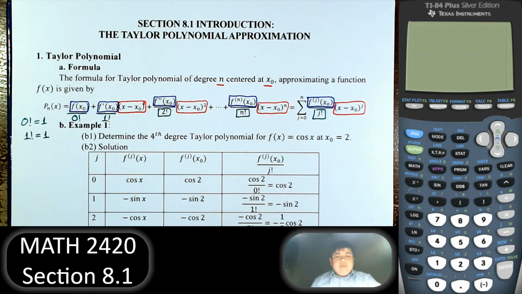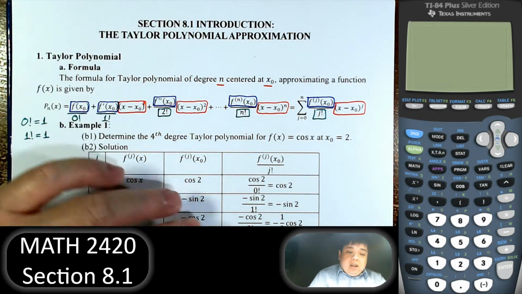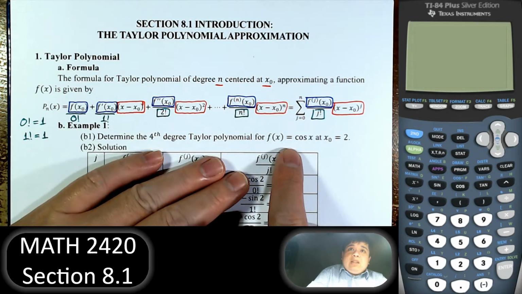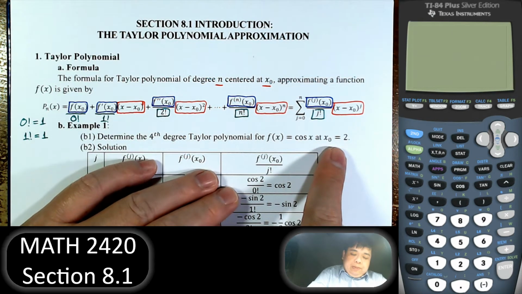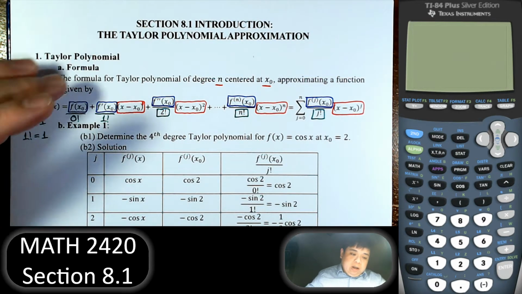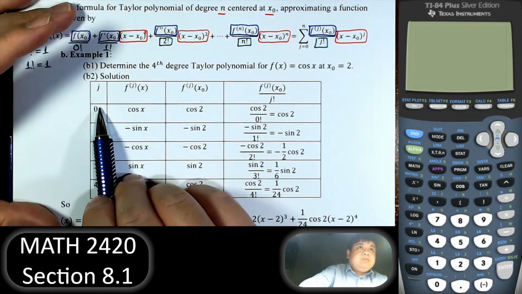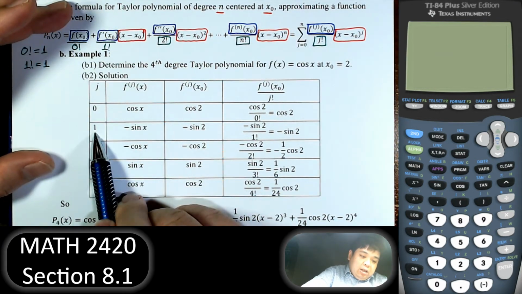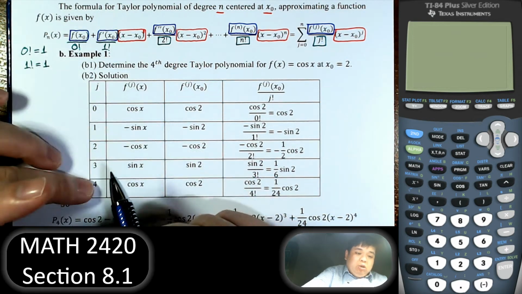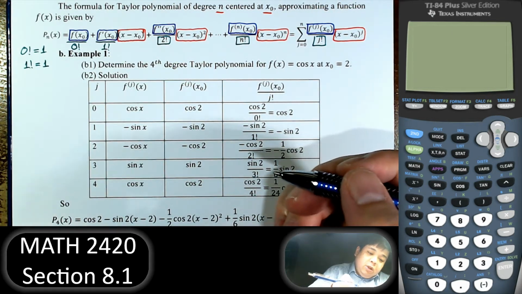Right. So let's look at this example here. Determine the fourth degree Taylor polynomial for f of x equal to cosine of x at x0 equal to 2. First, we have up to 4 degrees, so we're going to have the constant, first derivative, second derivative, and so on, up to the 4th derivative.